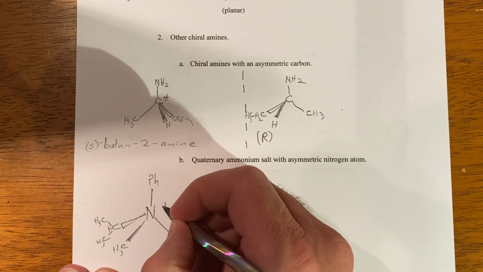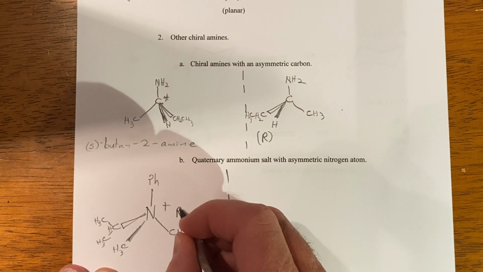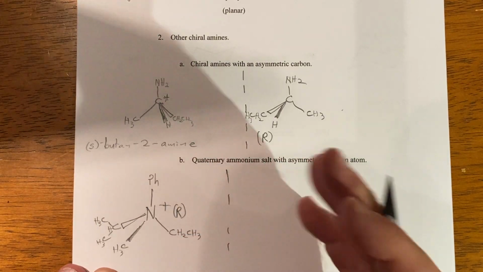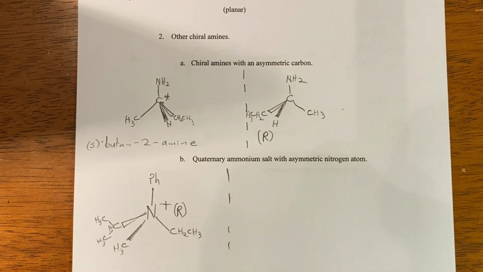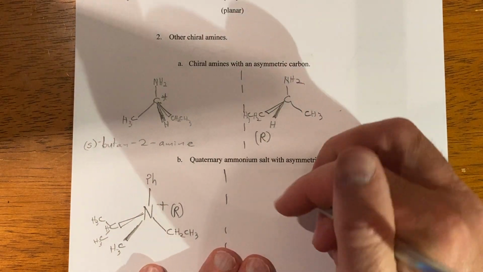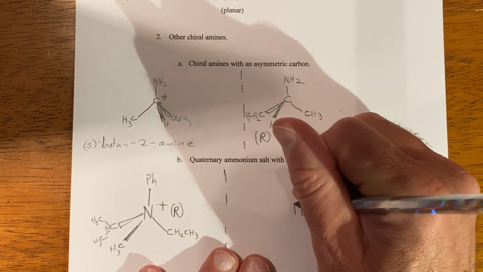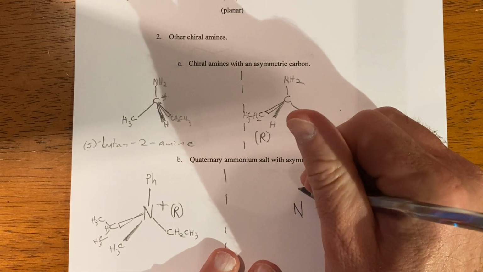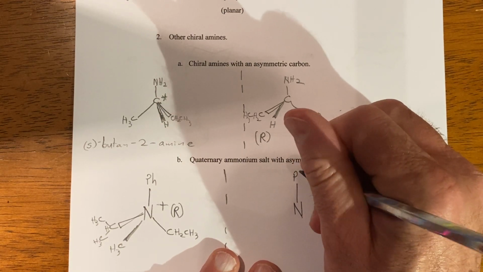And so this is an R, but there's also a corresponding anion that we don't really care about, so we won't draw it. But you can also have an S, and because we don't have that lone pair of electrons we don't have an inversion taking place.